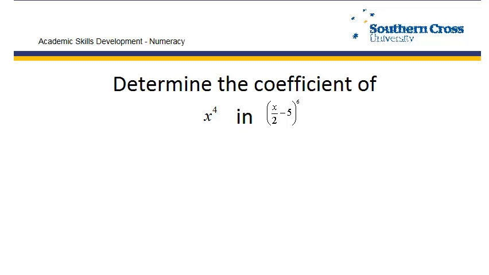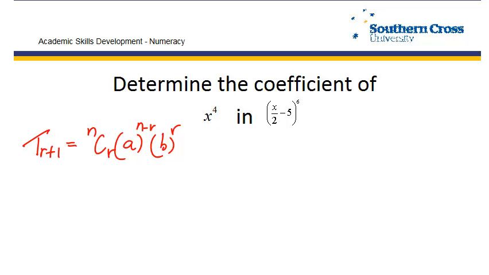But we know that any term can be written as this. So to get our Pascal's triangle coefficient, a combination can be used for that. And it's the first term to the power of n minus r, second term to the power of r. Just remember those two exponents have to add to n.